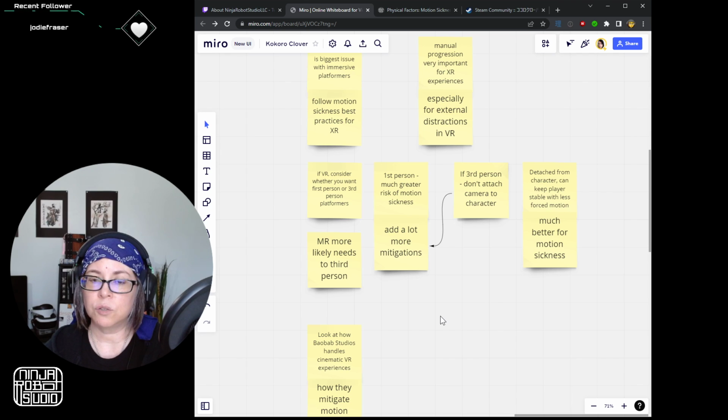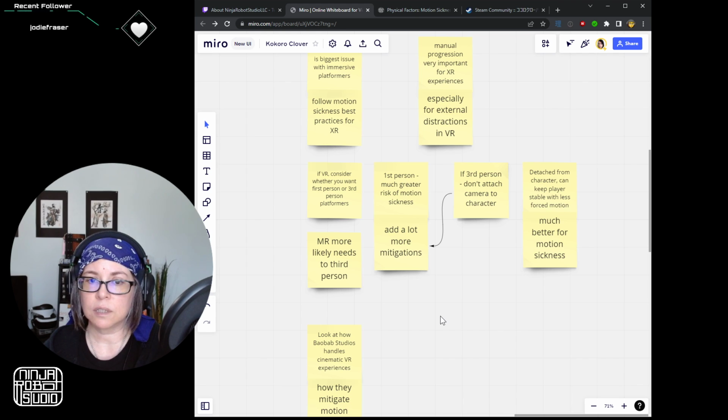And that's something that you can only do. You can't assume. You have to test it. You have to test it with your target audience, not just your buddies in the studio. You have to test it with your target audience. And so if you detach the camera from the character, you can keep the player stable, and it's not gonna have a forced motion.